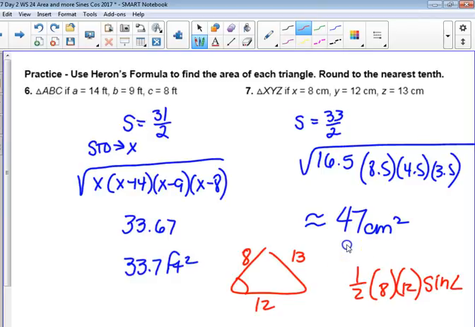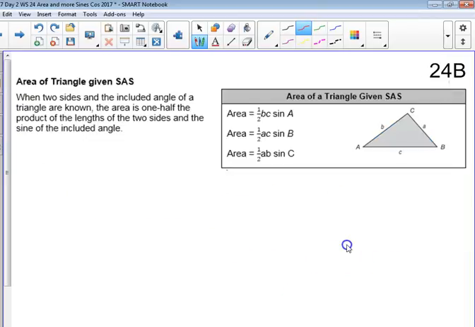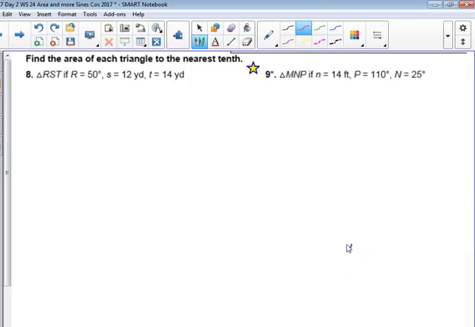All right. I always have to sketch the picture because I want to make sure I have things in the right place. Because, for example, number 9 is going to be a little bit tricky.